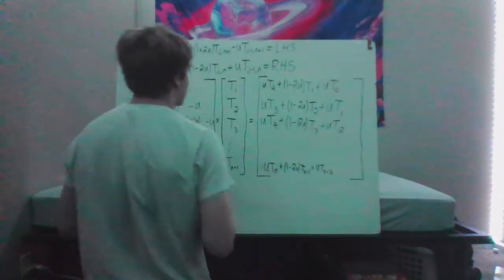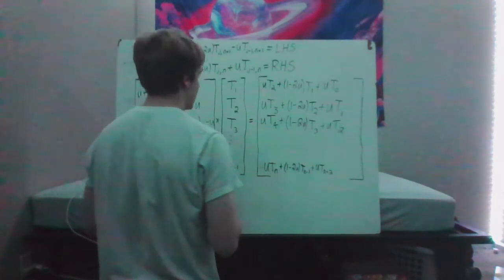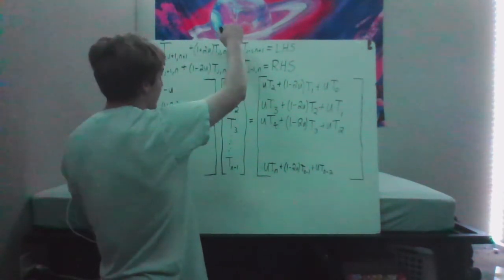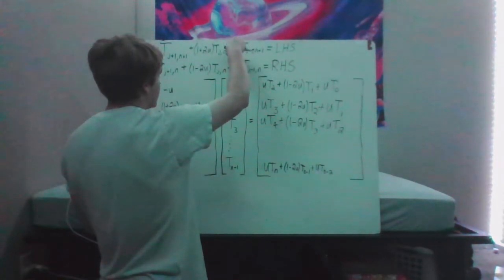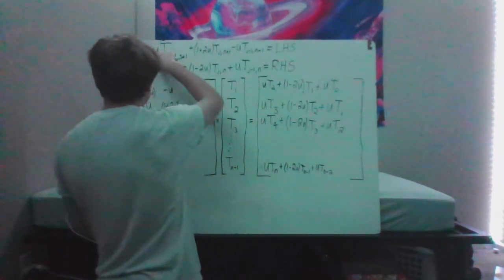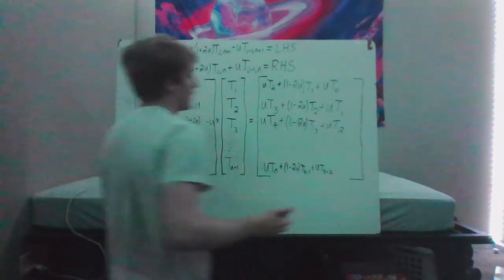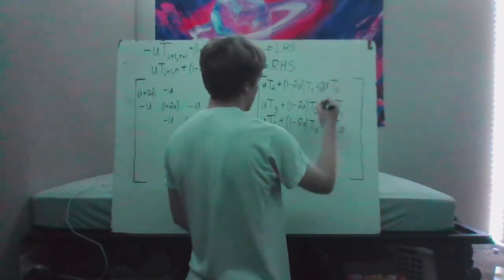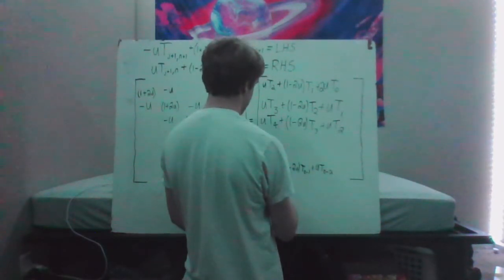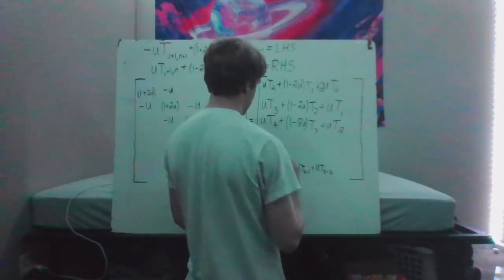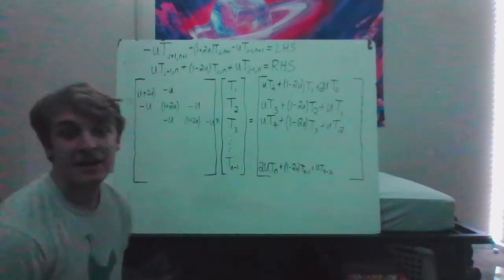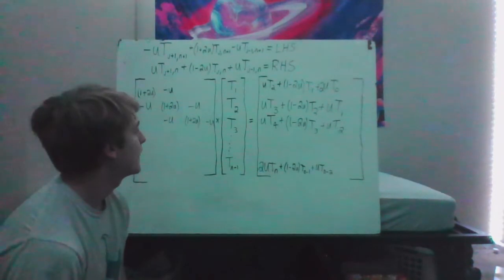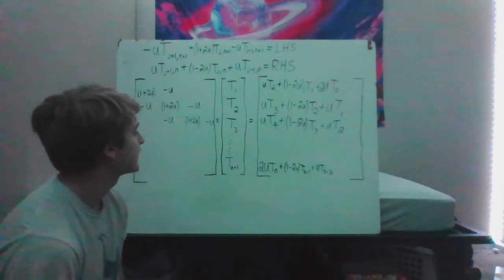So what we can do is add this u and this u and this u and this u, and it'll end up being 2u T sub 0 and 2u T sub n in our final equation.